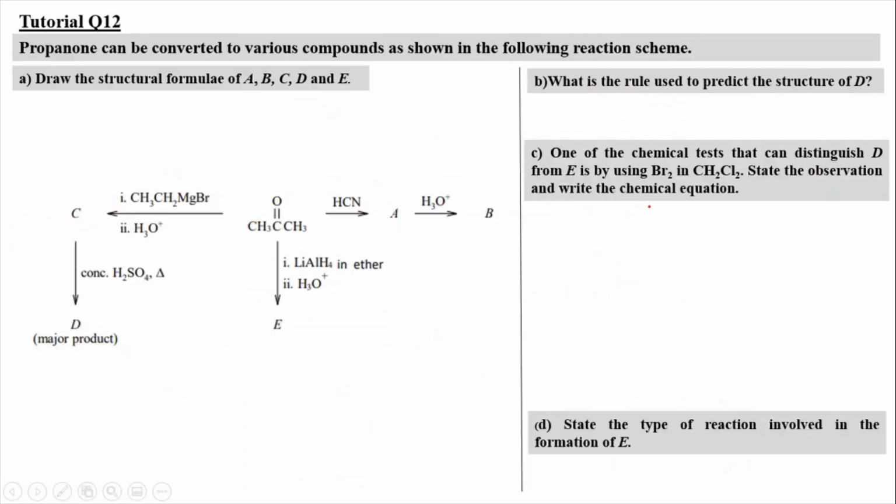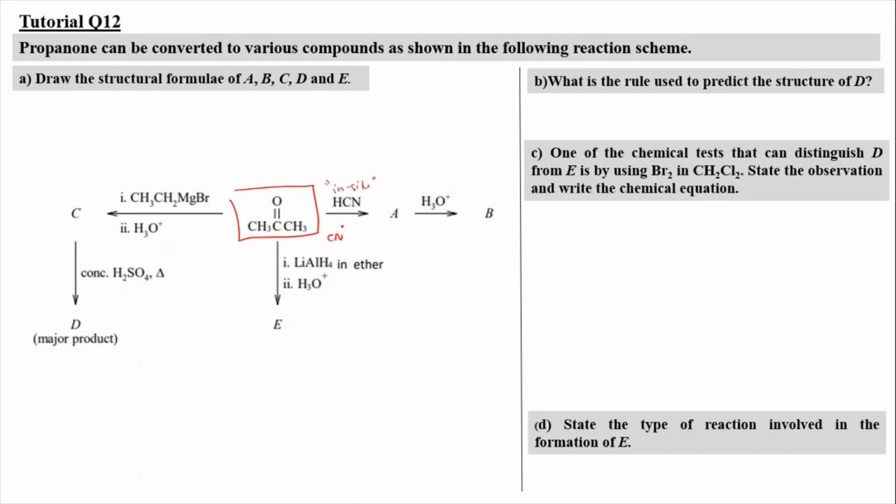Now let us move on to the next question, which is tutorial question 12. So propanol, which is here, can be converted into various compounds as shown in the following reaction scheme through the structural formula of A, B, C, D, and E. So we have our propanol, and then when it reacts with the HCN, okay, so HCN is produced in situ.